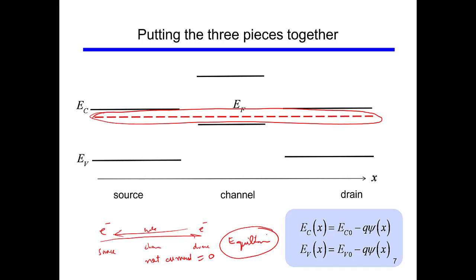In order to align, what has happened is that the energy of electrons in the drain and in the source has dropped. Okay, it has dropped, and it aligned itself with the Fermi level of the channel.